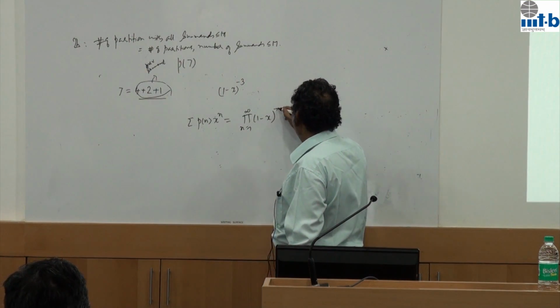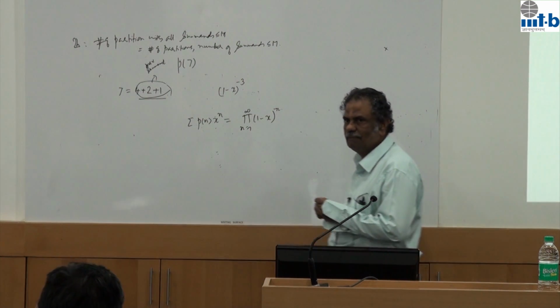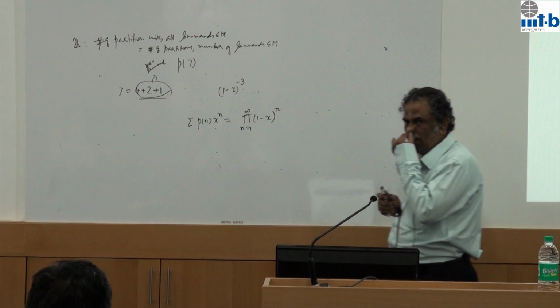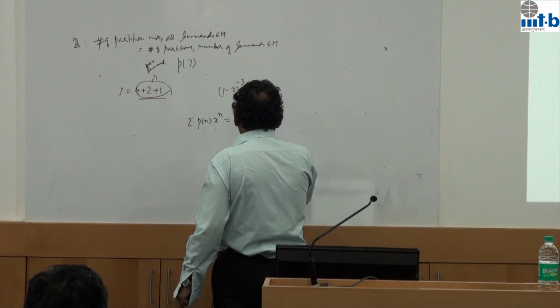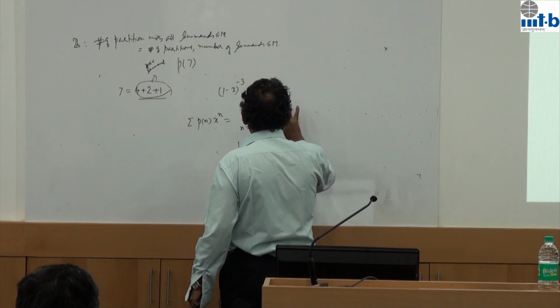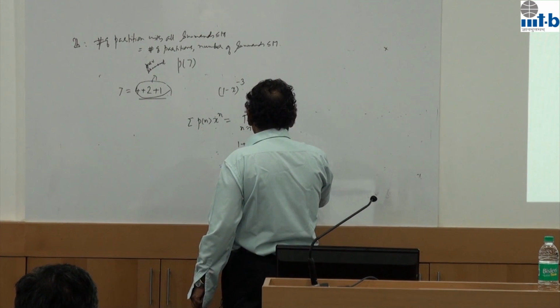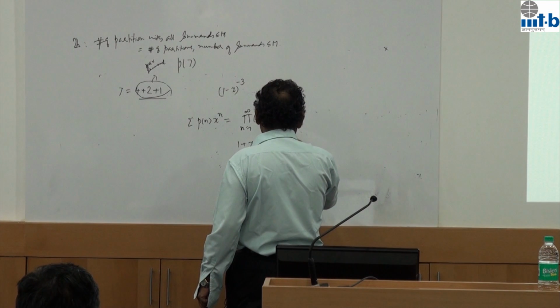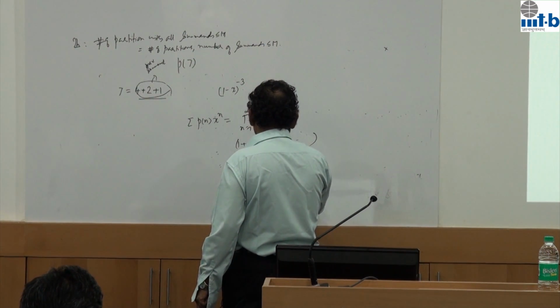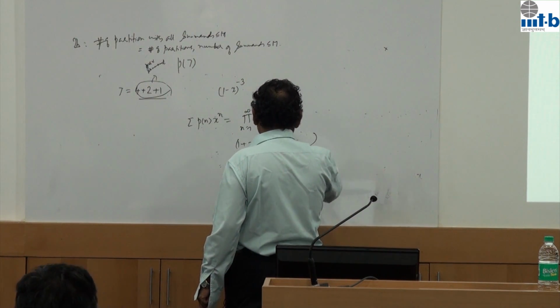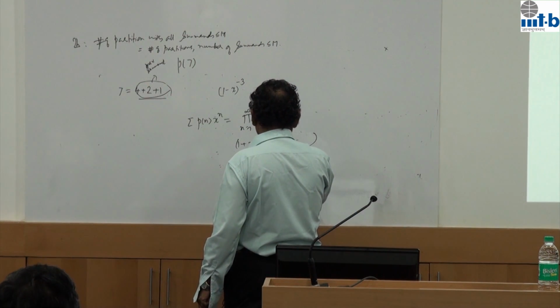Oh, sorry. Let us see what happens. You look at this, the other way: 1 plus x square plus x cube plus etc., and then 1 plus x square plus x power, sorry, let me not write like that.